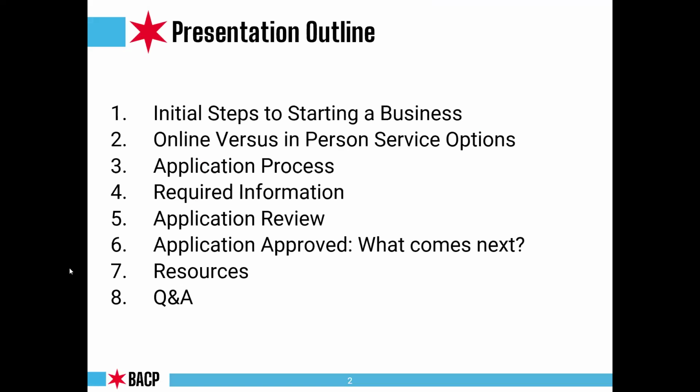So that is going to be for applying for your license, the application process, required information, review of the application. Once approval is given for the entire application, what to expect next, some resources that'll be helpful after we're complete, and a Q&A at the end. So let us begin.